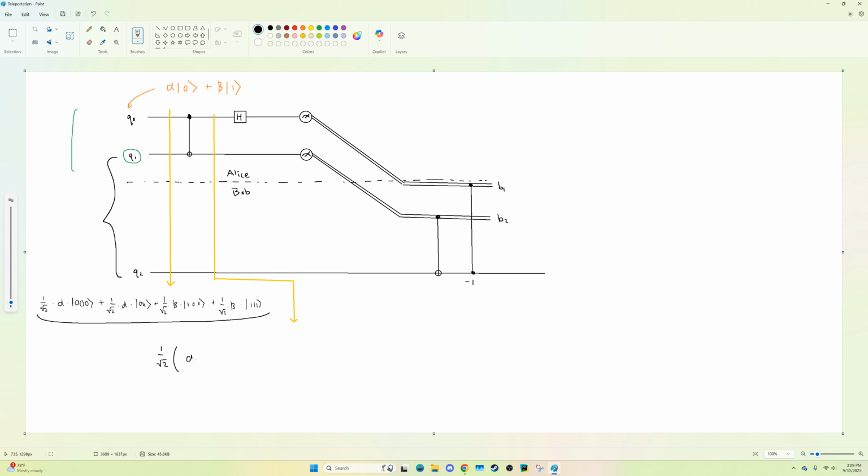So we have alpha times ket 0, 0, 0 plus alpha times ket 0, 1, 1 plus beta, and now we're going to flip because of the 1 in Q0, we're going to flip the next one, 1, 1, 0 plus beta, and we're going to flip the second one, so it's a 1, 0, 1. So this is now the state of the 3 qubits after applying that first C naught.